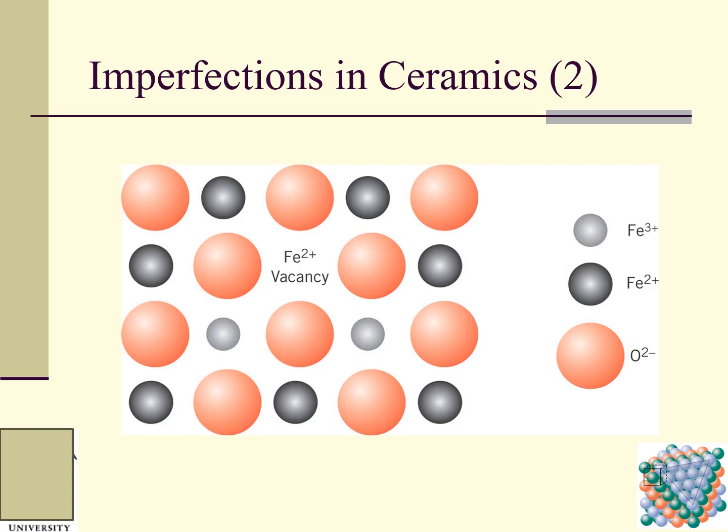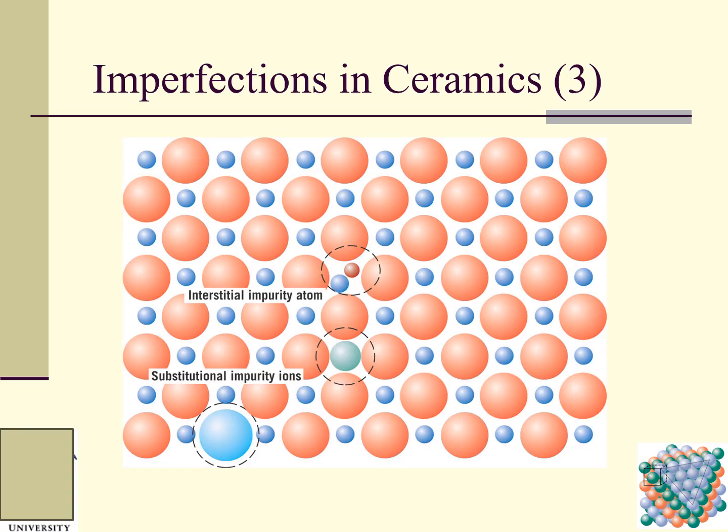So this is an oxygen ion. And here we have an Fe2+ vacancy, right? So here we have a vacancy. And so this is 1, 2, 3. So this is a 3. So here is a 2, because this is a vacancy here.